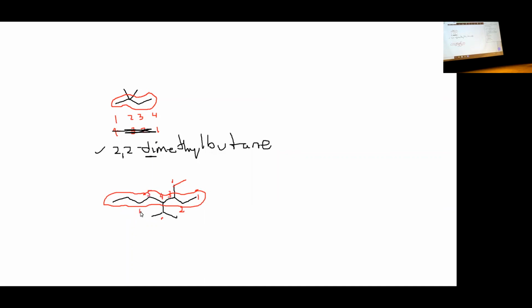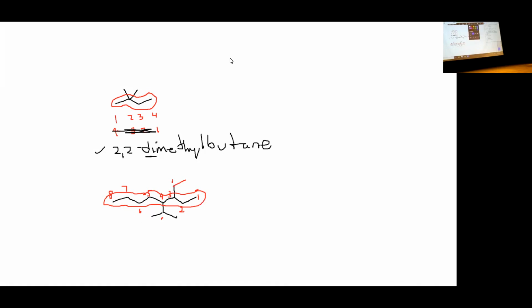5, 6, 7, 8. So it looks to me like we've got ourselves an ethyl on carbon 3 and an isopropyl on carbon 4. So do we say 3-ethyl, 4-isopropyl, or 4-isopropyl, 3-ethyl? Answer, you go in alphabetical order. So we'll name the ethyl group first.